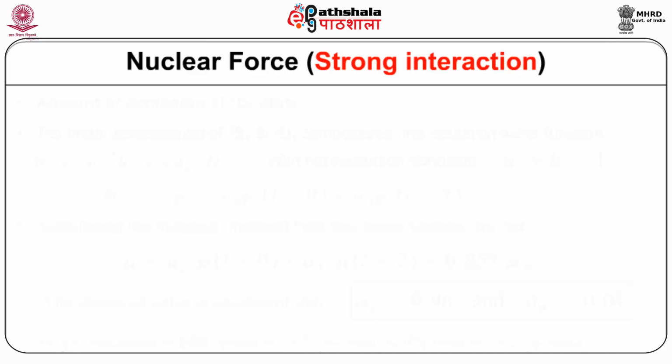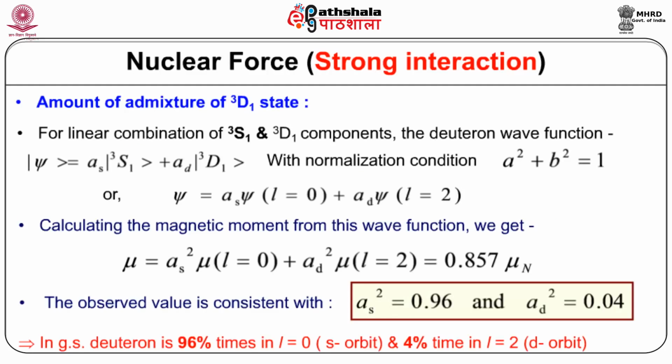Nuclear force, strong interaction. We have learned up to the previous slides that there can be an admixture of two states, that is L equal to 0 and L equal to 2, in the ground state of deuteron. In what ratio the two states are mixed in the ground state of deuteron, we are going to study in this slide.